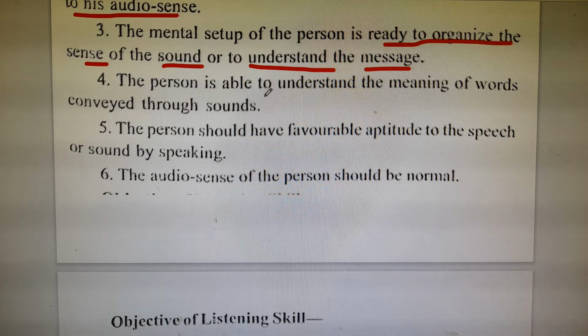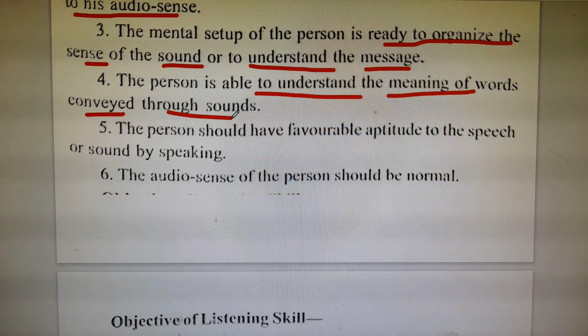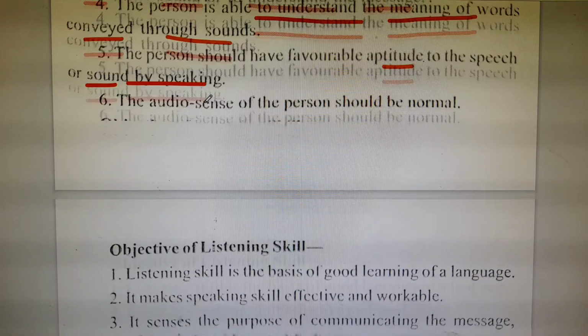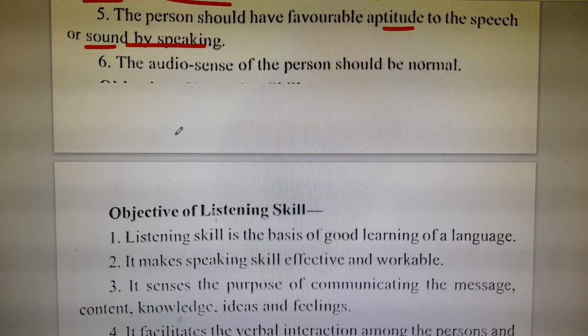The person is able to understand the meaning of words conveyed through sounds. The person should have favorable aptitude to speech or sound by speaking. The audio sense of the person should be normal.